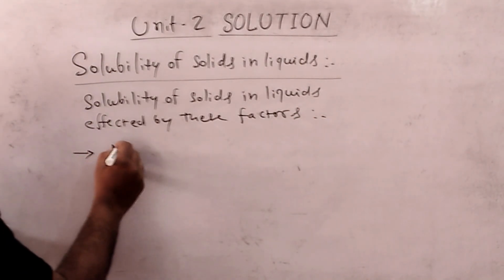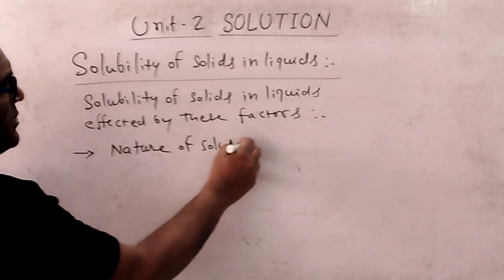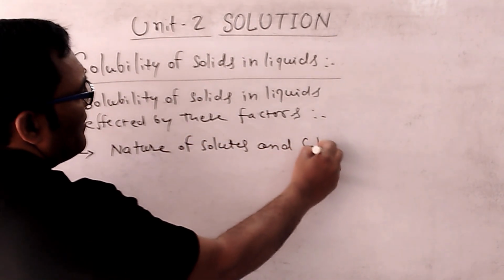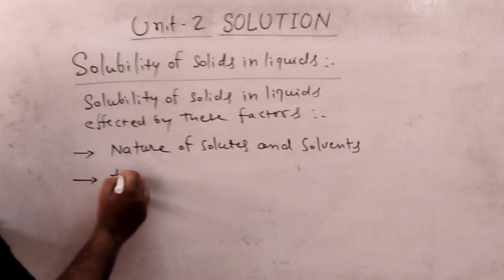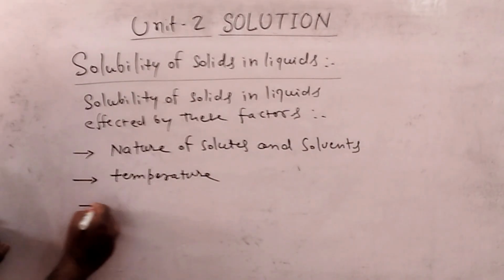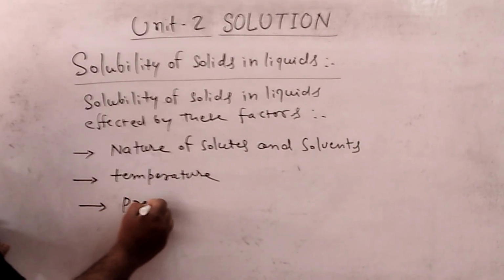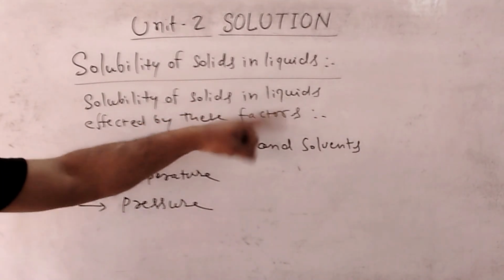First factor, nature of solutes and solvents. Second factor, temperature, or effect of temperature, and third factor is effect of pressure. These three factors affect solubility of solids in liquids.